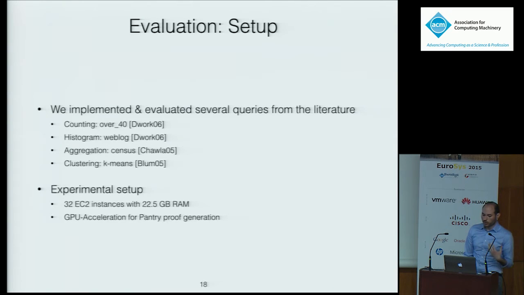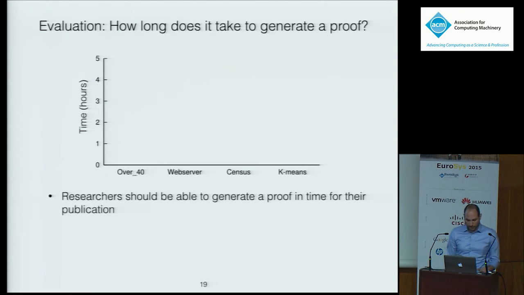Furthermore, in order to reap the benefits of parallelization, we used 32 machines on EC2. And our machines had GPU acceleration to speed up Pantry's proof generation. So researchers should be able to generate a proof in time for their publication. So it is crucial to know how long it takes to generate a proof.